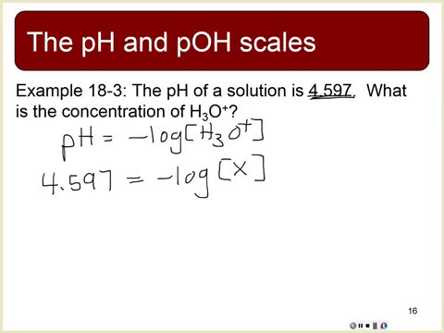So if you rearrange, you have a negative, so you're going to have to carry that through. But all you're going to do in your calculator is push second function log. That's going to show up as this, it does in mine anyways, to the negative, that comes from here, negative pH.